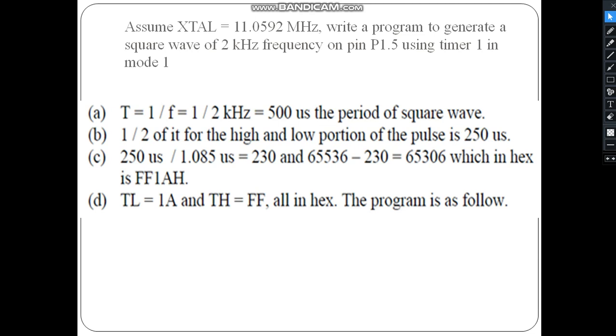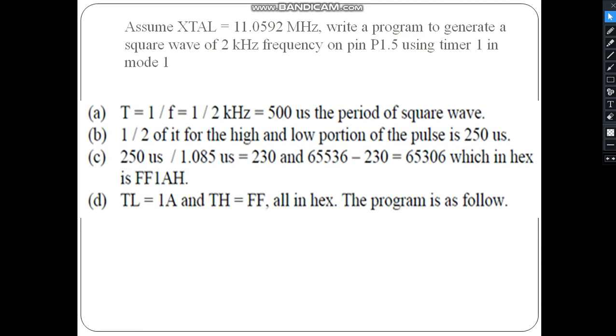As per the formula, we need to calculate the value of n. The value of n is given by the required delay, 250 microseconds, divided by the delay of the microcontroller, 1.085 microseconds. The value obtained is 230. This is the value of n. To calculate the value that has to be loaded into the THTL register, the formula is maximum value, which in mode 1 is 65,535, plus 1, hence 65,536, minus the n value of 230.